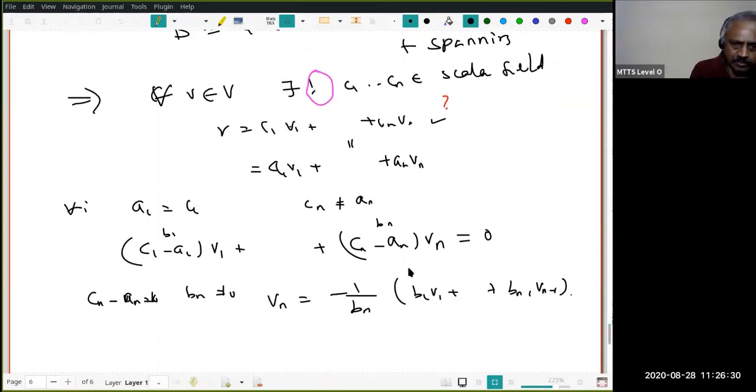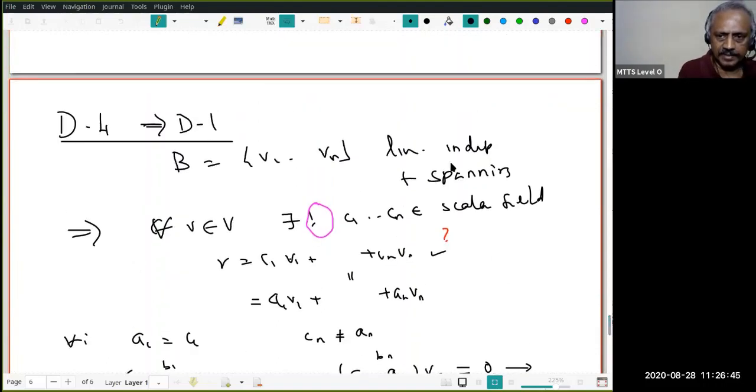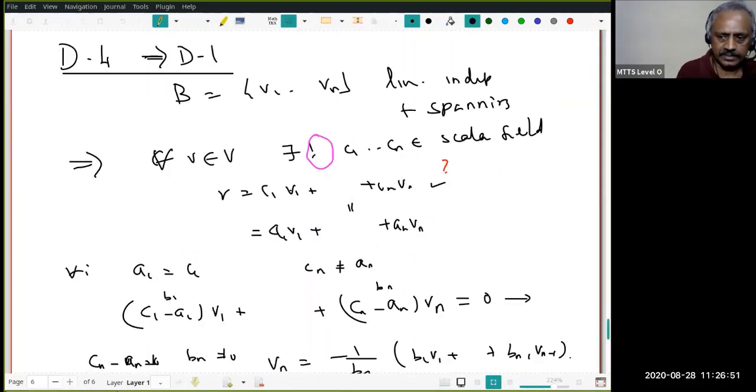Or even you can assume this, from here itself, if you are comfortable with the standard definition. So I have B1 V1 plus ... plus Bn Vn is 0, but Bn is not equal to 0. That means V1, V2, ..., Vn are linearly dependent. But what was our assumption? B is linearly independent. You understand this?